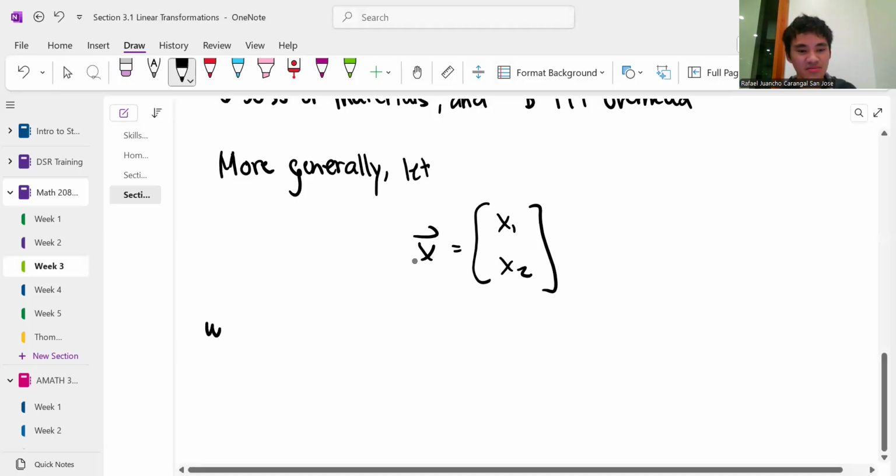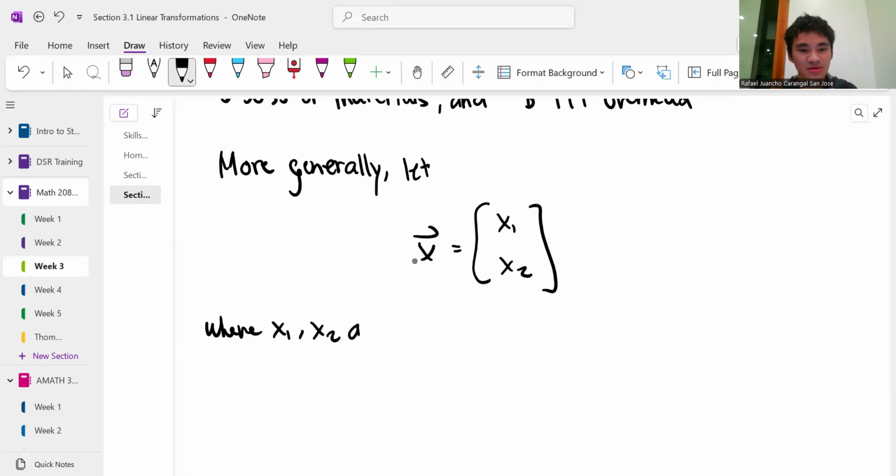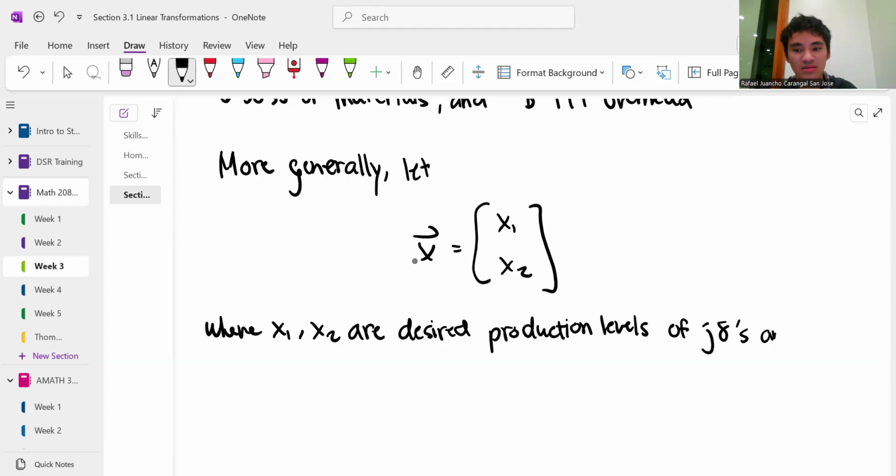So x sub 1, x sub 2 are desired production levels of J8s and J8 Pluses.